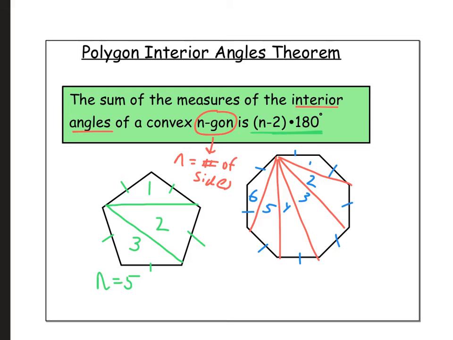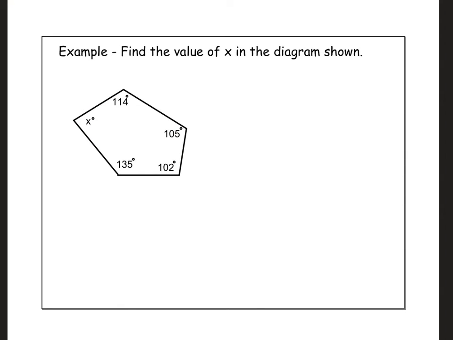So let's do an example where we're using it. Here's a diagram. Let's see, how many sides do we have here? We have 1, 2, 3, 4, 5. This is a 5-sided figure, a pentagon, right? They give us 4 of the angles, and we need to find the 5th. So what we need to figure out is the sum of the interior angles.